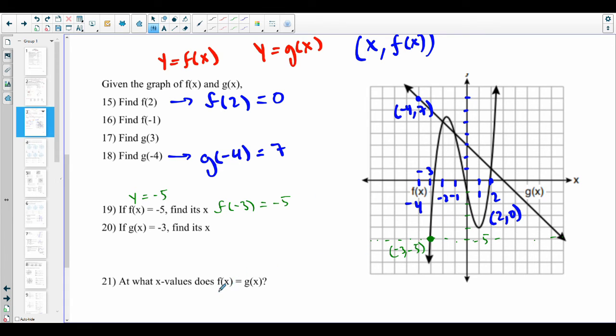Where do you think f of x is equal to g of x? Think about when we did systems of equations. If your thought was f of x equals g of x where the two lines intersect, then you're correct. Well, not lines, I guess, where the line and the curve, so where the graphs intersect.